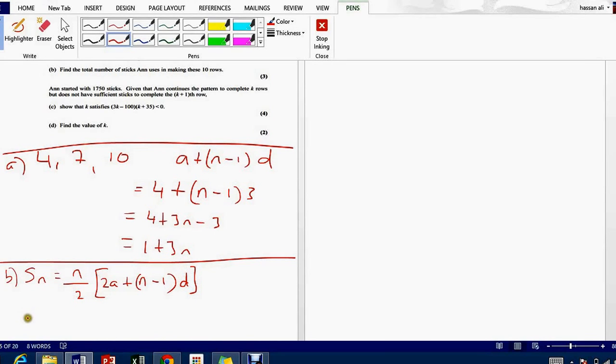It's asking for these 10 rows, the sum of sticks using 10 rows. So S10 will equal 10 over 2, and then you're multiplying by 4, because that's your first term, and your n, so we're using 10, and your difference is 3.